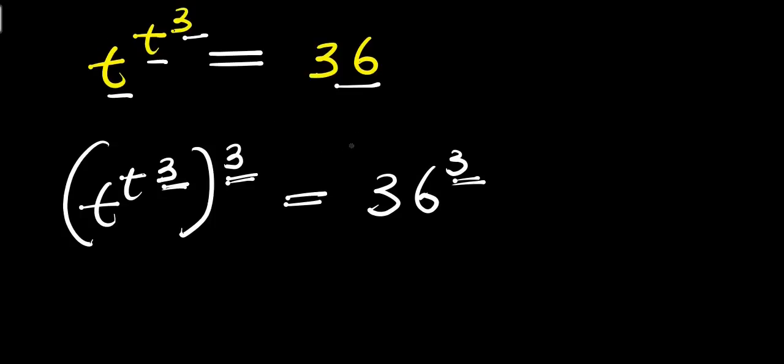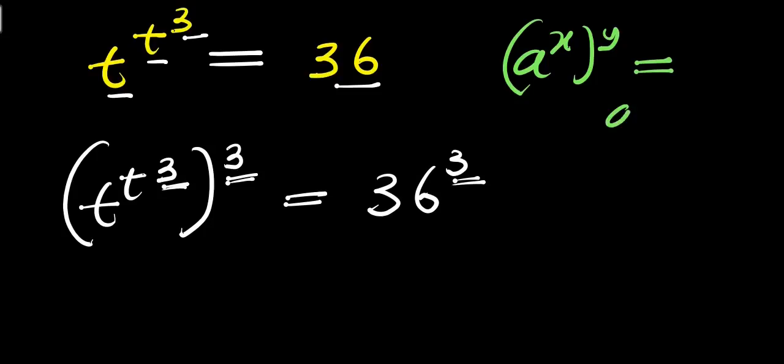Look at it here. If you have a to the power of x, and this is raised to the power of y, this equals a to the power of x times y. You multiply this. And also, this equals a to the power of y times x.